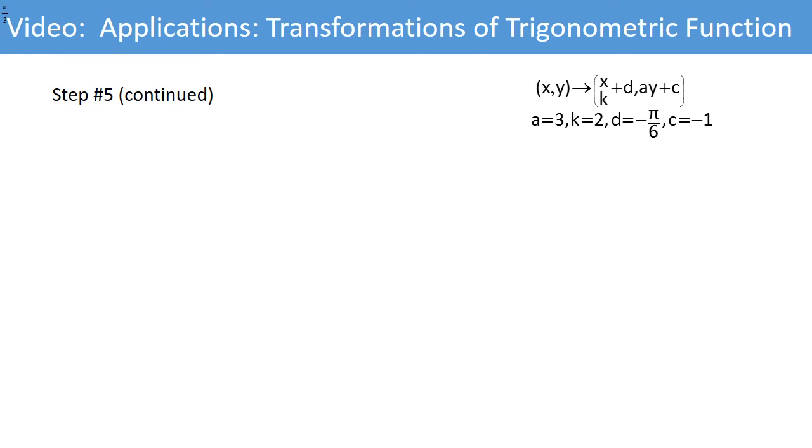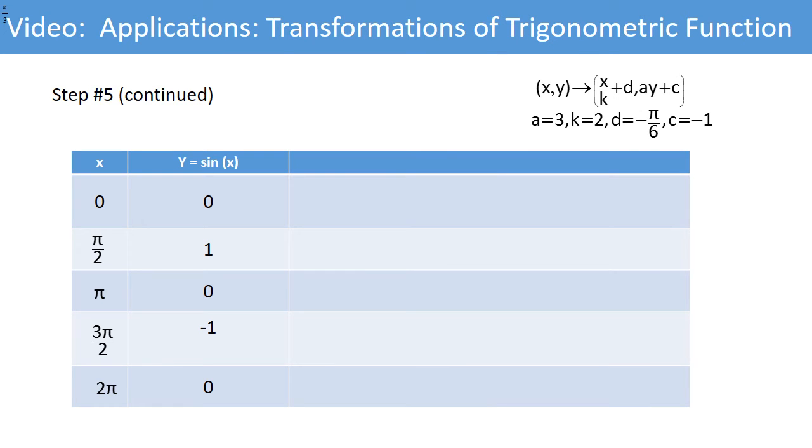Now, we will keep our values close by and we'll keep the formula close by. We will take our table of values and we will increase it by adding a third column in which we will show our calculations. For the starting point, if we take the formula, substitute in our numbers, 0 for x, k is 1/2, d is negative pi over 6, a is 3, y is 0, c is negative 1, we will get negative pi over 6, negative 1.